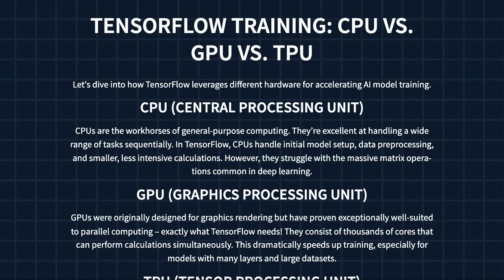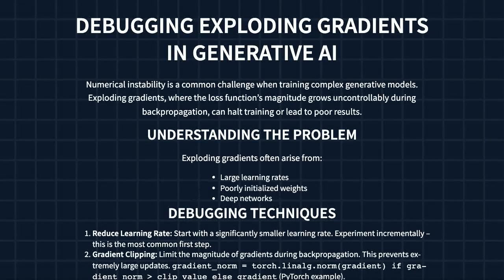Finally, we have TPUs, which are custom-built chips specifically created by Google to handle the massive matrix operations that deep learning relies on. They're even faster than GPUs for this type of work and are especially useful when training really big models.